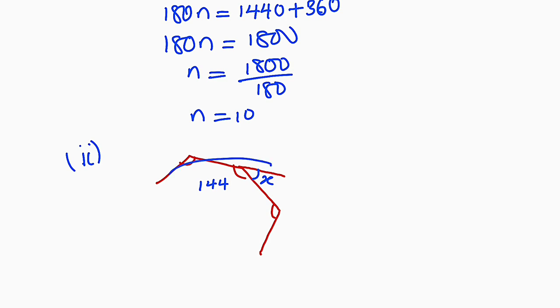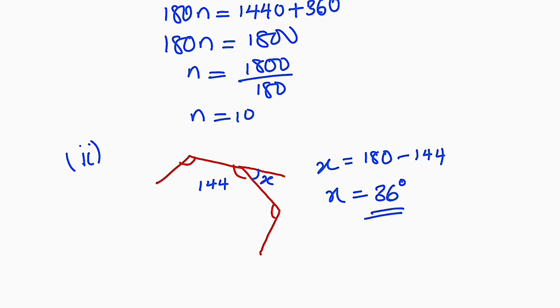So this 144 plus x will be 180 definitely. So this x can be equal to 180 minus 144. And this is equal to what? 36 degrees each. So each exterior angle measures 36 degrees.